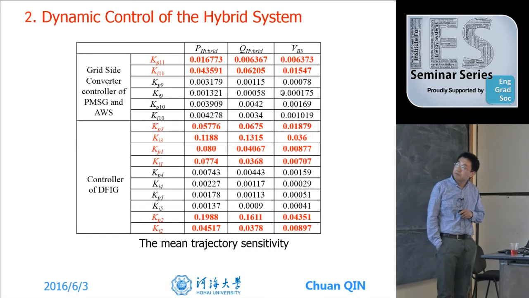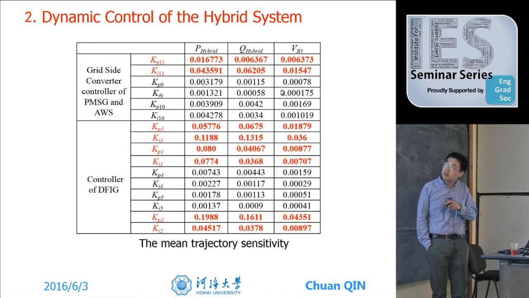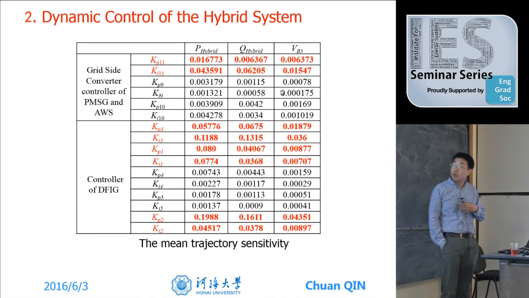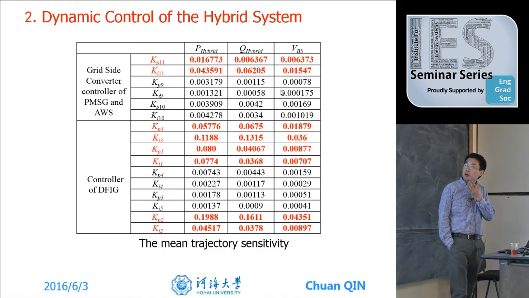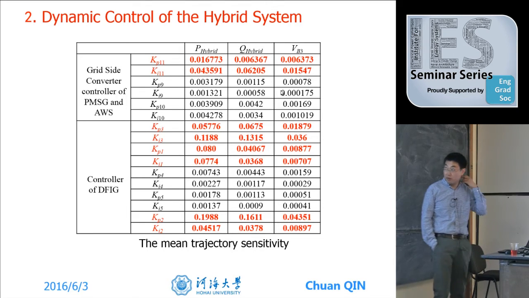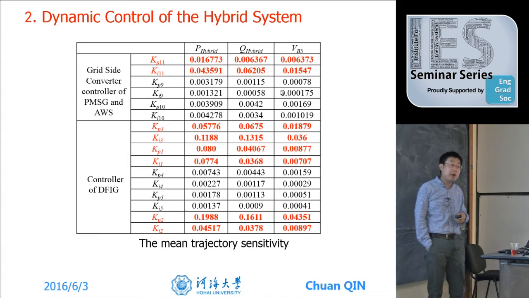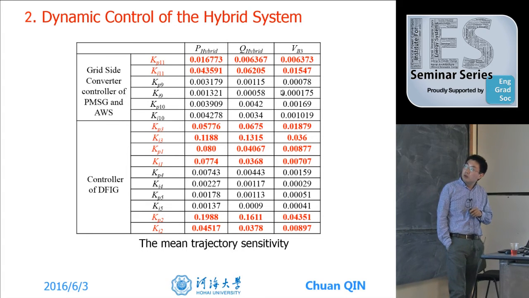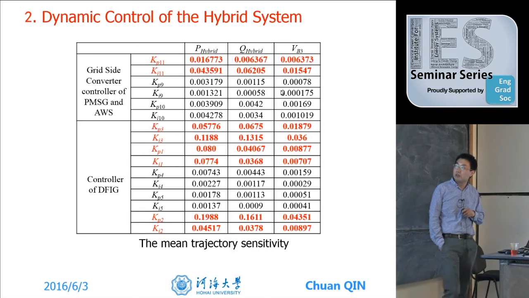So it can be found that we can treat the red ones as the key parameters because the sensitivity value is larger than the others.